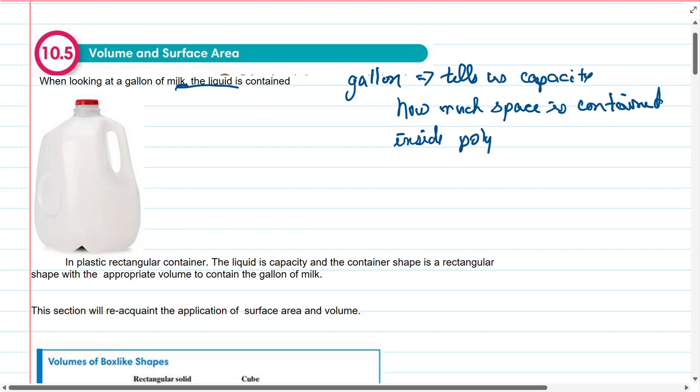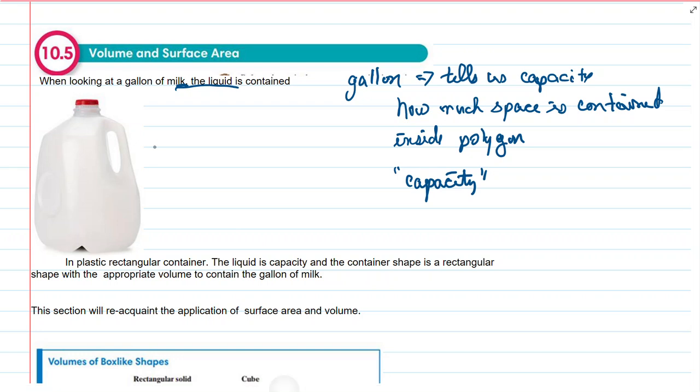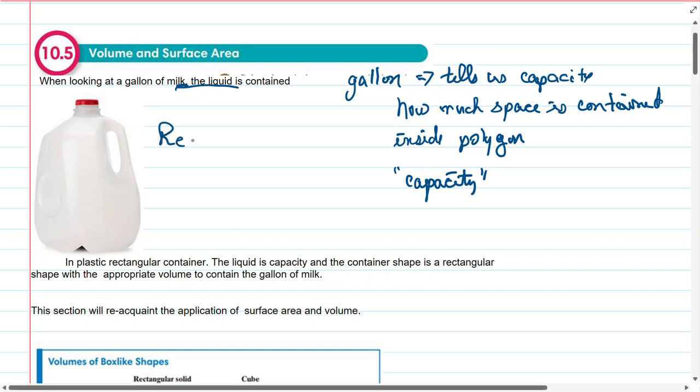All right. So capacity: how much will it hold? In this case, this is a rectangular polygon. I know it's not exactly, but it is a rectangular polygon, and it contains volume.